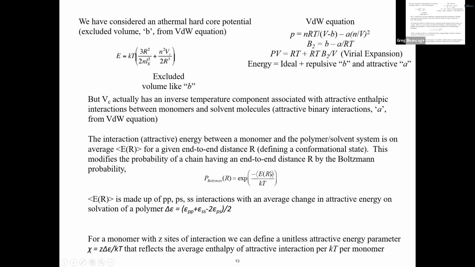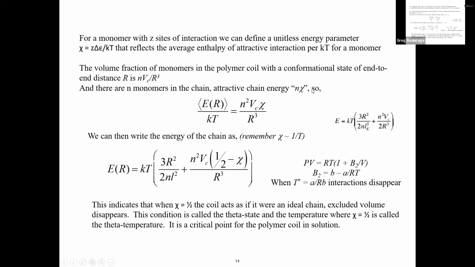So if you want to put that energy into here, since this R is for the whole chain, and this is for one unit, then you have to consider how this is going to pan out for the whole chain. There are going to be N units in the chain times the unit's chi.